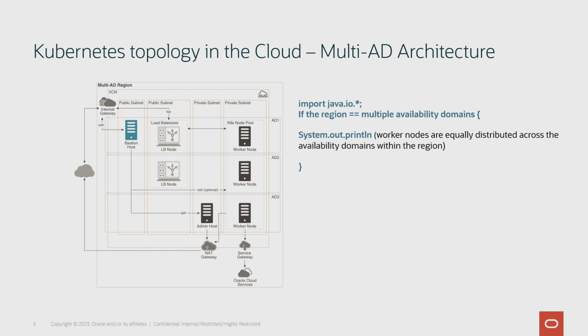So you as a developer get a choice to pick and choose how you want to spread your worker nodes, your applications, your pods, your microservices across different availability domains and fault domains. And the JavaScript that I've written on the right is just trying to show off my Java skills; it would print a line that worker nodes would be equally distributed when you are in a multi-AD region.